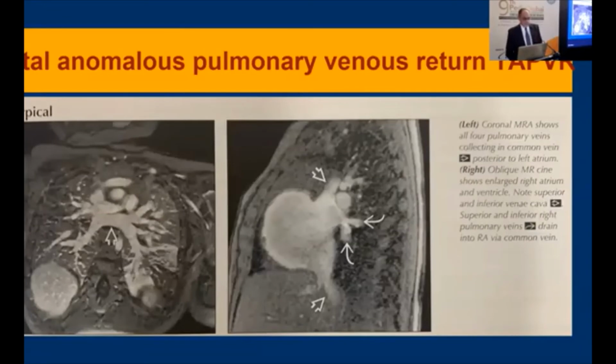An example also of total anomalous pulmonary venous return. All the venous return communicates in a single vessel draining into the right atrium, superior vena cava, inferior vena cava, right atrium and right ventricle, and upper and lower pulmonary veins.